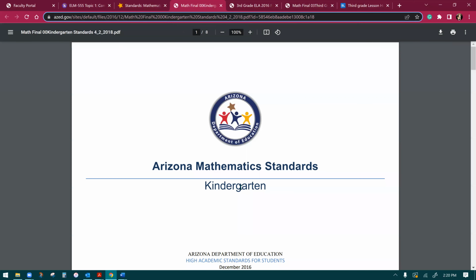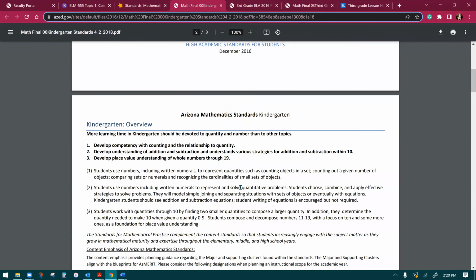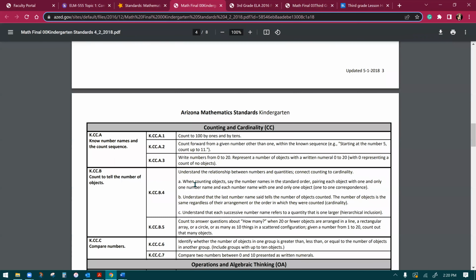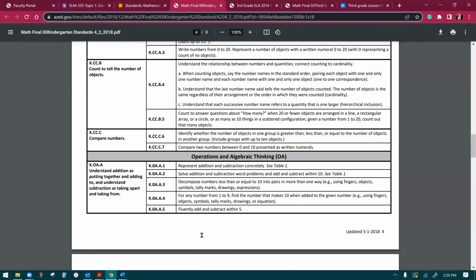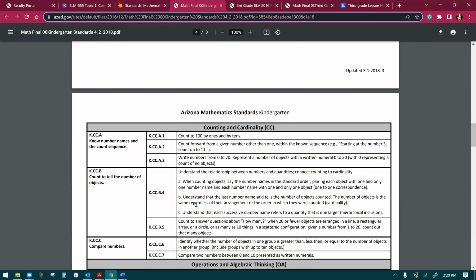So for example, I often see a lesson plan that has students writing their numbers, and they're counting and they're writing and they're doing several things. And the teacher has them counting up, asking how many objects there are, but they just put this one standard, K.CC.A.1, count to 100 by tens and ones.